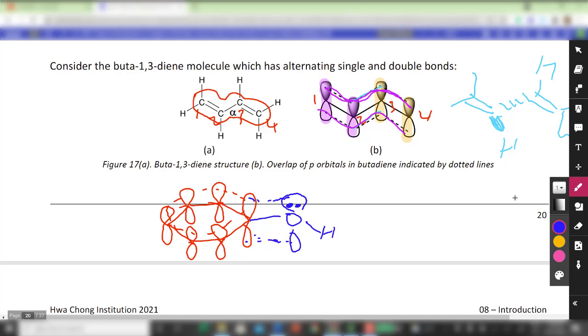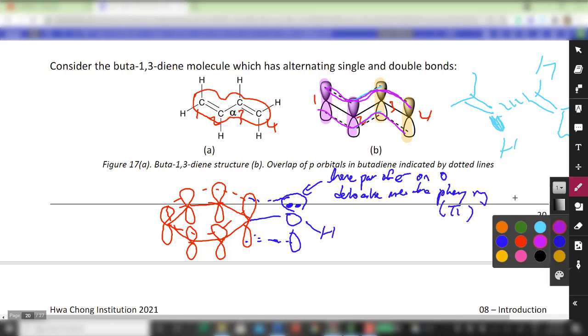This results in what we call the delocalization effect. So we say that the lone pair of electrons on O is delocalized into the phenol ring. So this is a pi effect.